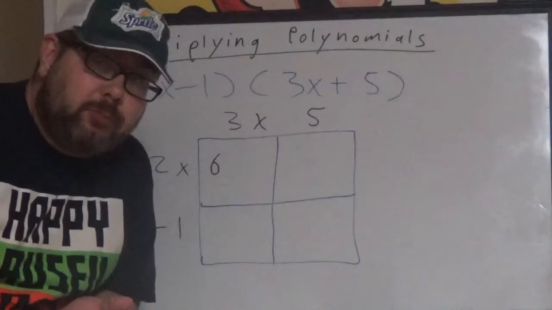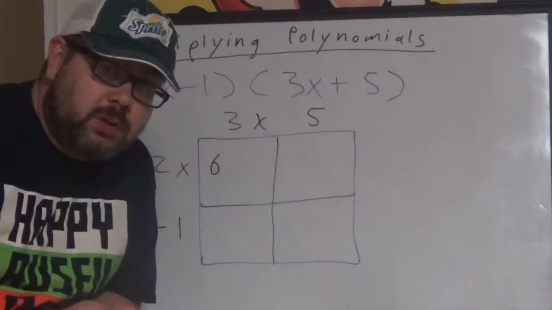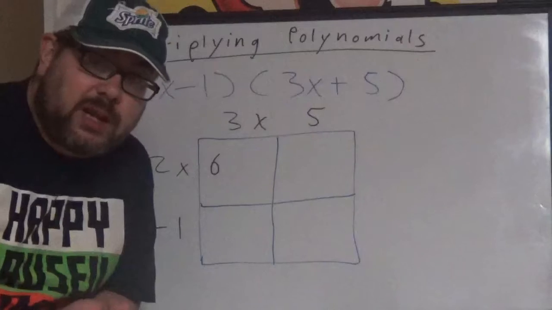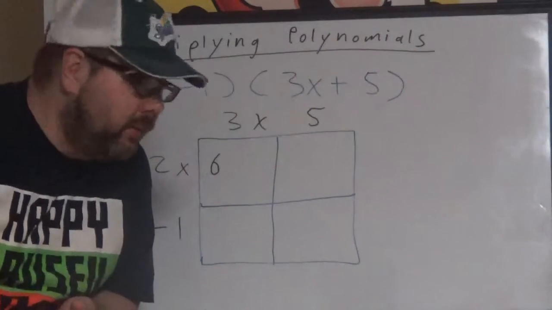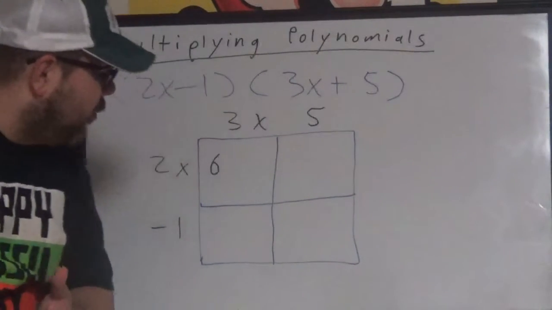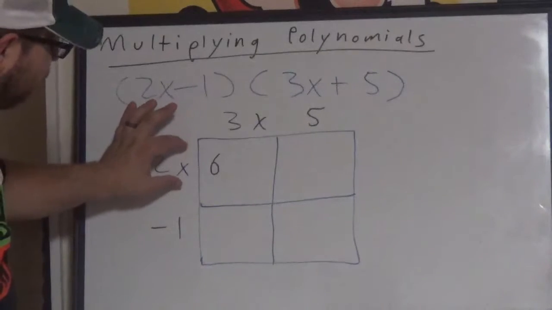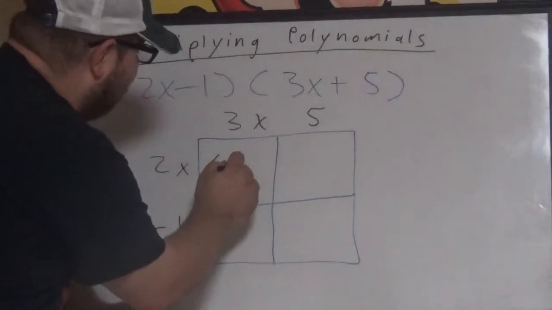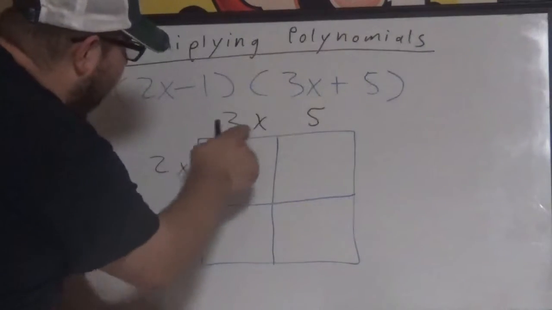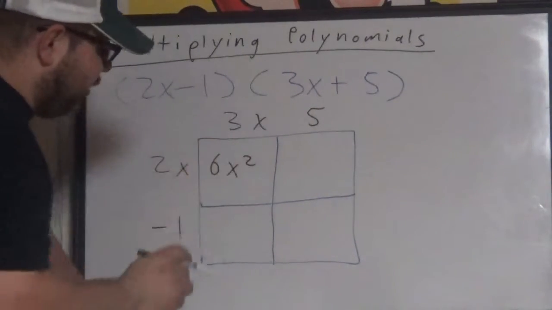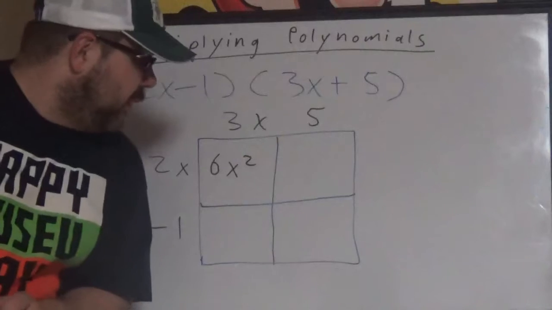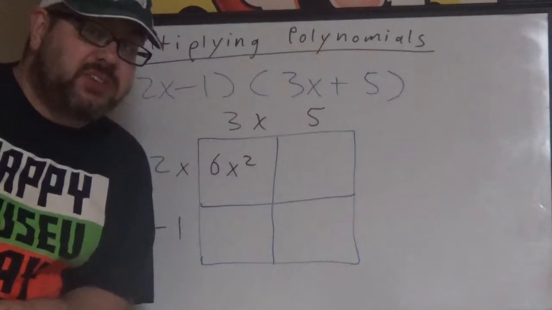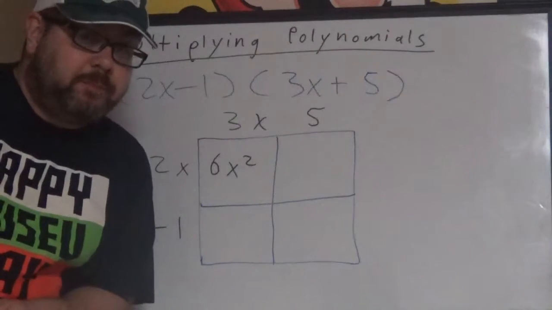When we're multiplying, we don't do that. When we're multiplying, we can multiply no matter what terms we have. If they're like terms, unlike terms, it doesn't matter. When we're multiplying x times x, we're going to count how many x's we have, and it's 2, and we're going to turn that into an exponent. So 6x to the second power, or 6x squared.